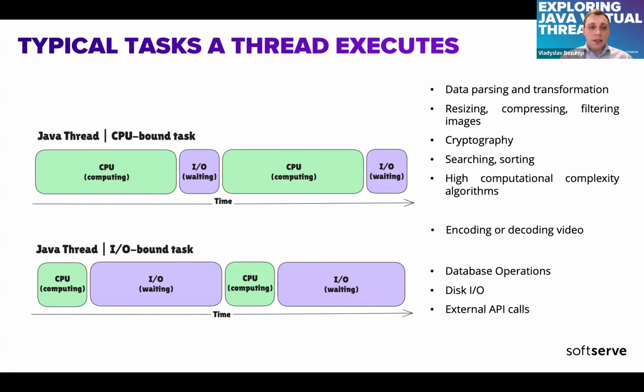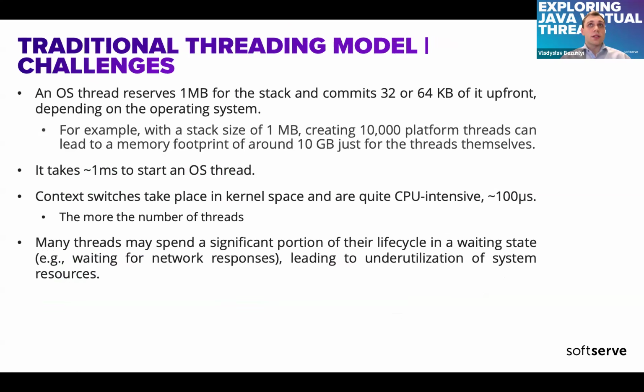So with this in mind, let's get back to the traditional threading model and its challenges. It takes about 1 megabyte per thread in memory. And it also takes some time to start an operating system thread. It seems not so significant, but if we multiply this time by thousands of threads, it becomes quite significant.